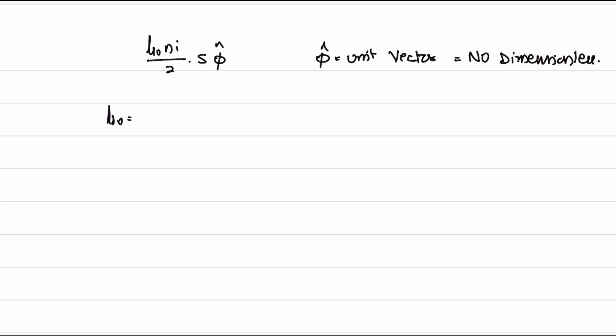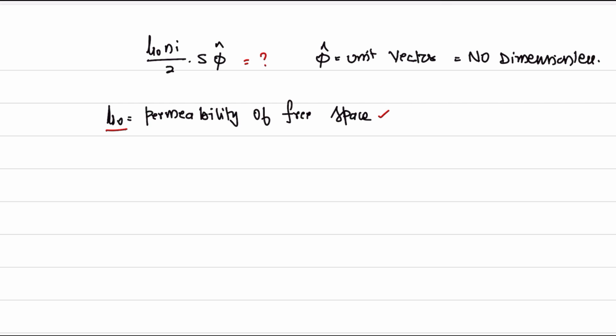Now here μ₀ is equal to permeability, the permeability of free space. Let us analyze the left hand side one by one, as in lecture 1 of dimensions, where we explained the Planck constant.